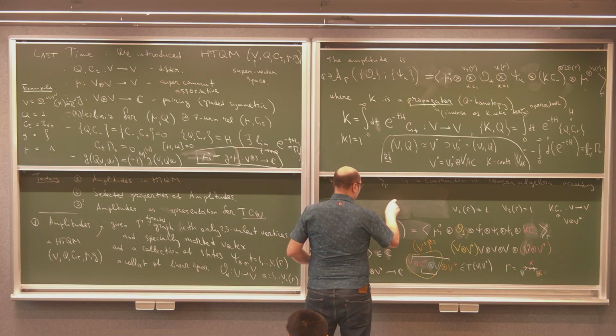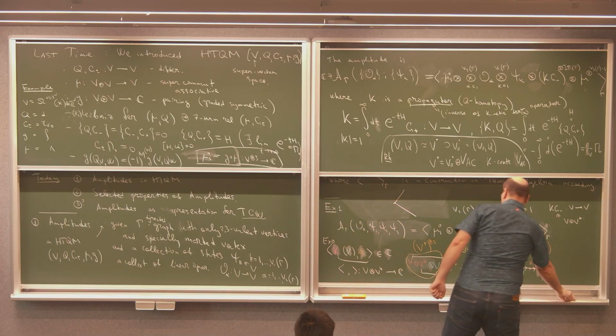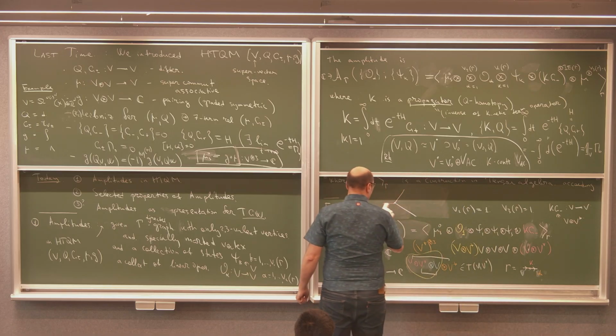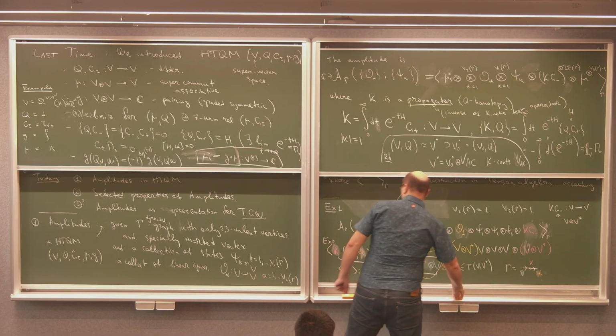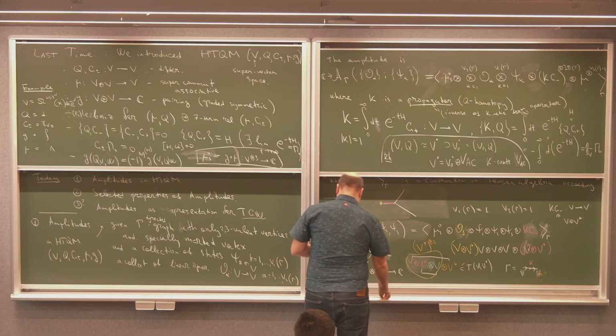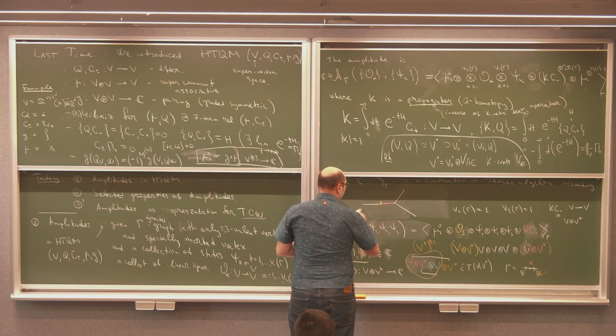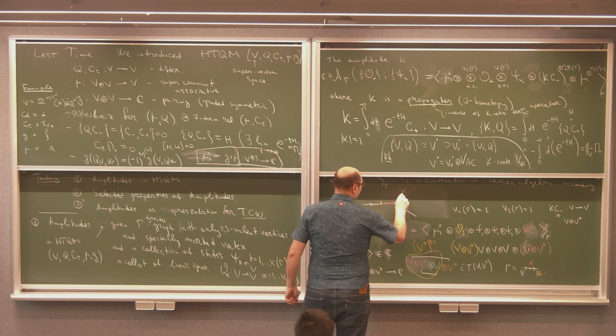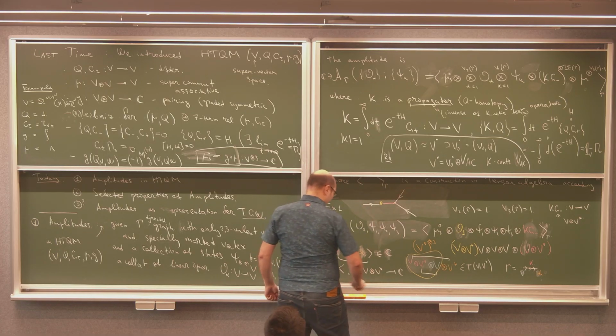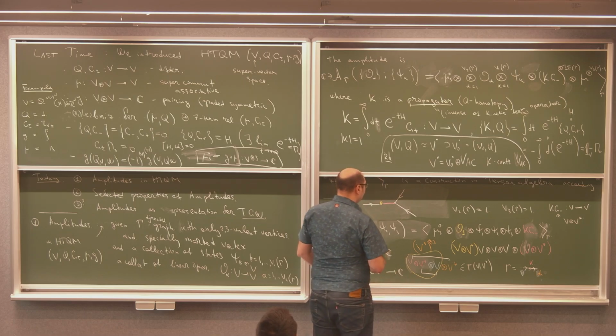We have red, we have a yellow vertex, we have other things, and here I need to also specify direction.